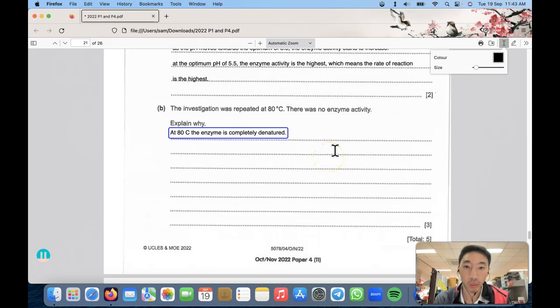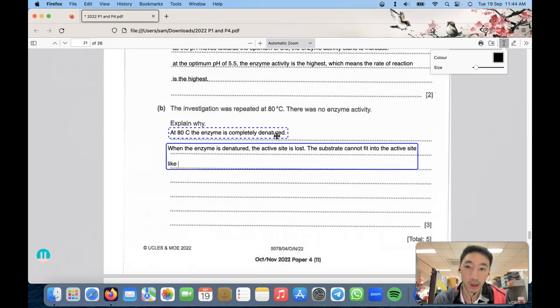When the enzyme is denatured, there's no more active site. The active site is lost. The substrate cannot fit into the active site, like how a key will fit into the lock.